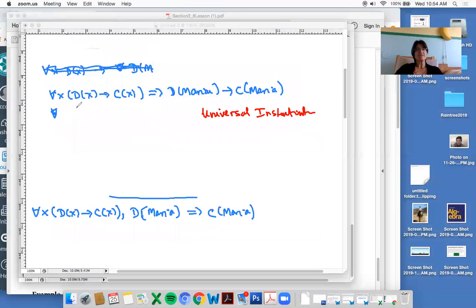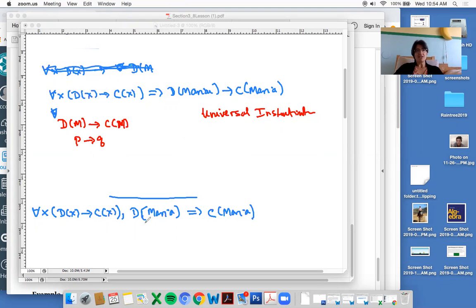What this does is it changes our general predicate statement into a regular proposition. Because this is for one person, this is basically a P then Q statement that we're familiar with from before.